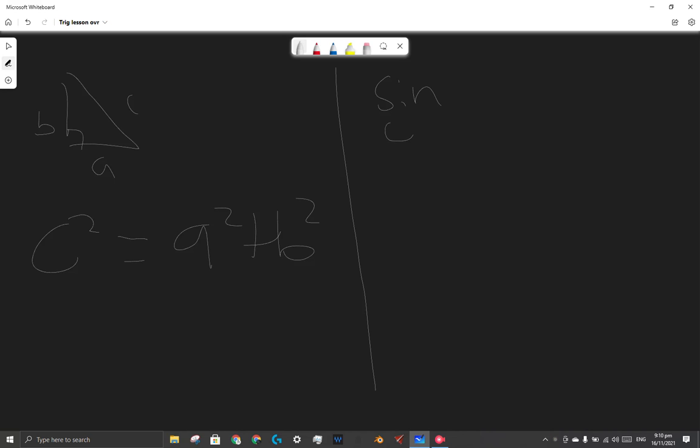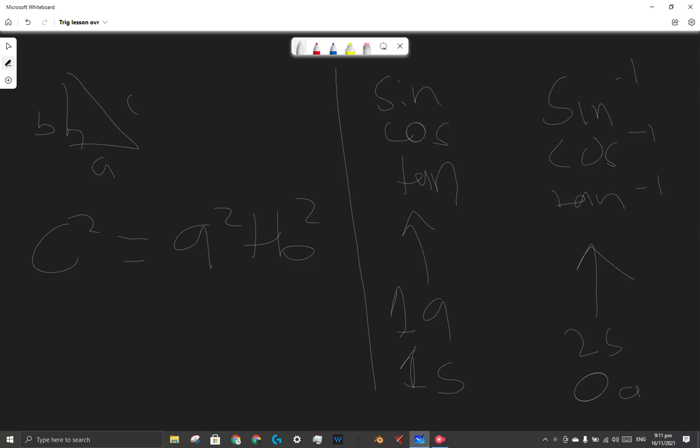For the trig functions we have sine, cos, tan, which use one angle and one side, and then we have sine inverse, cos inverse, and tan inverse, which are used to calculate the angles. That means two sides and no angles.